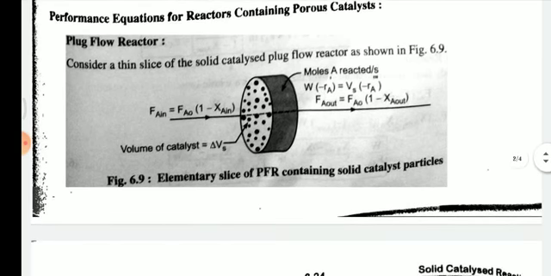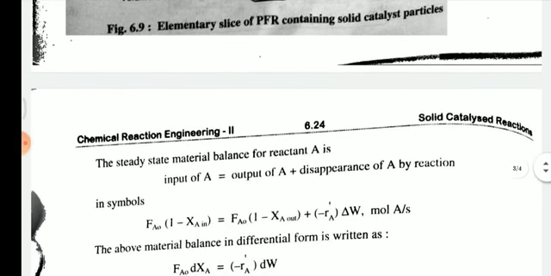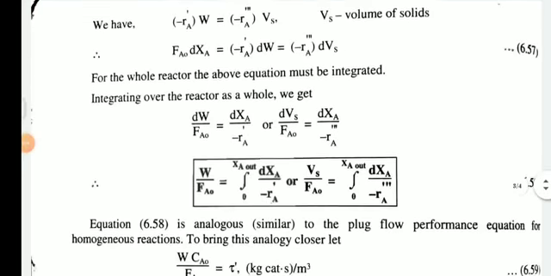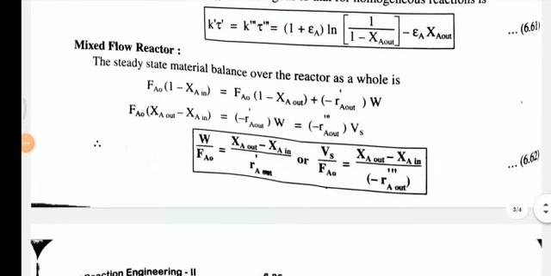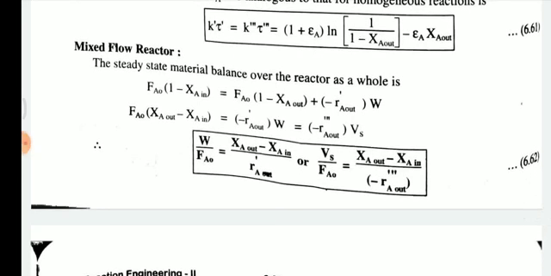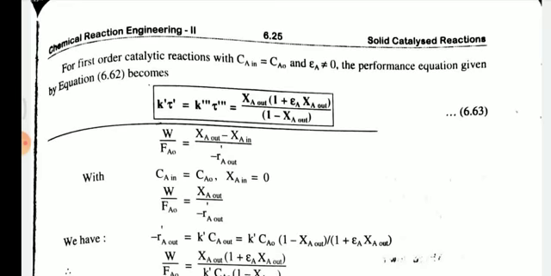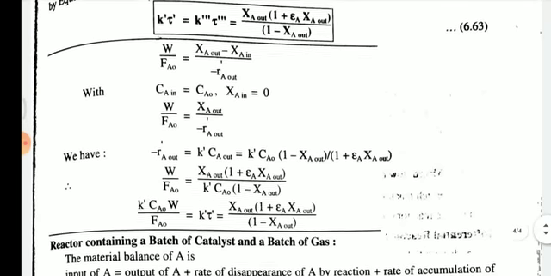Simply we derive from the material balance: input is equal to output plus accumulation term. Similarly we derive for the mixed flow reactor, inlet and outlet; the inlet Fa0 we will consider as Ca0. So this one is the performance equation 6.63 for the mixed flow reactor.